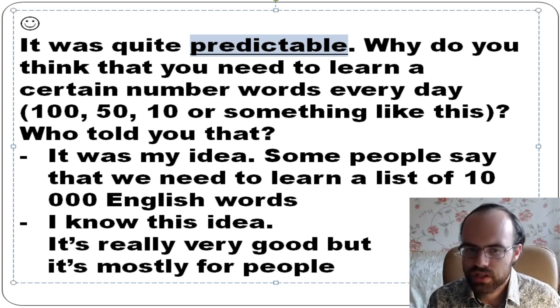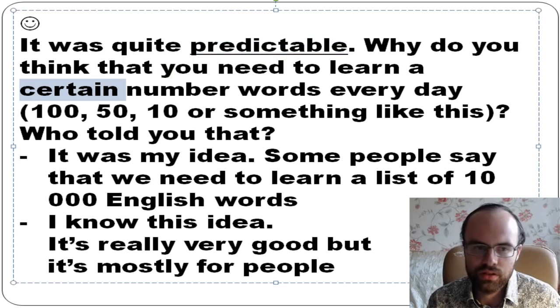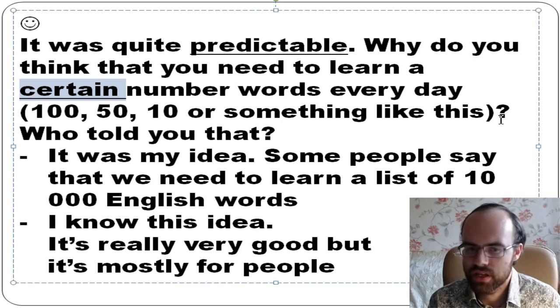Why do you think that you need to learn a certain number of words every day? So a certain number means just some numbers like 150, 10 or something like this every day. Who told you that? Really, who told you that? It was my idea.